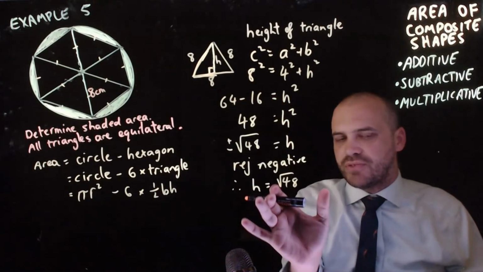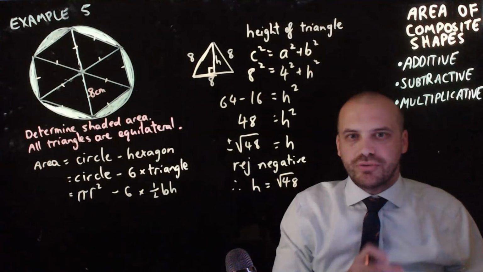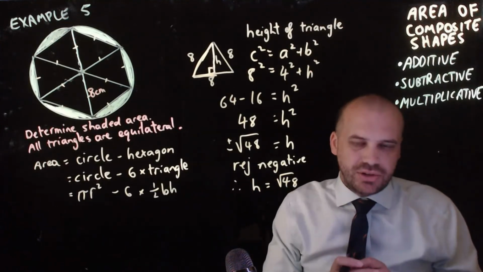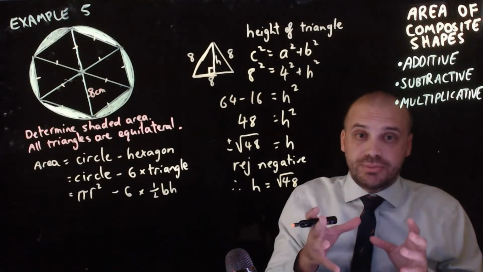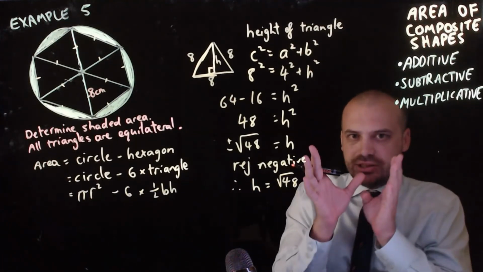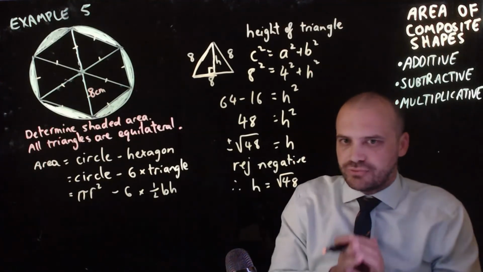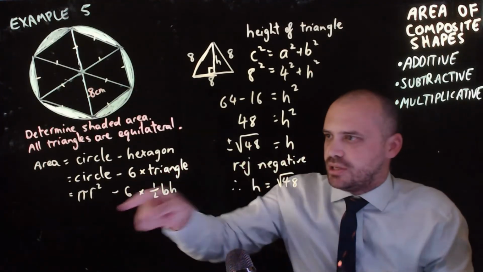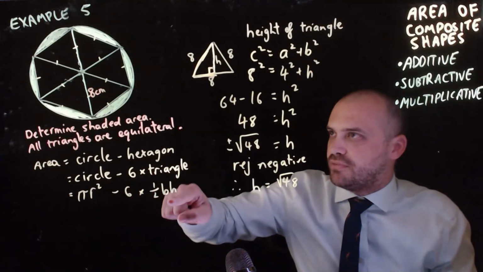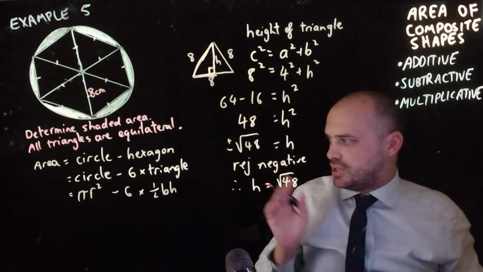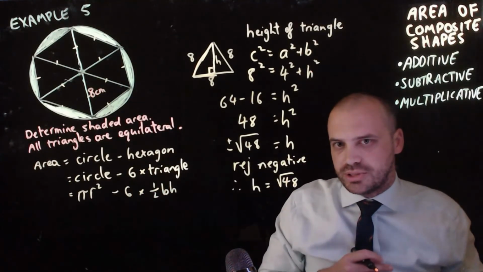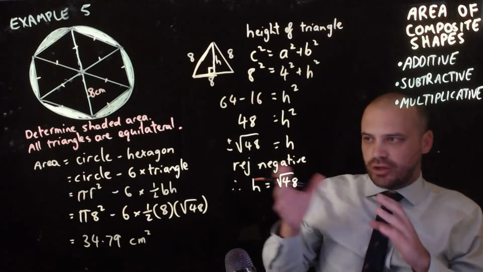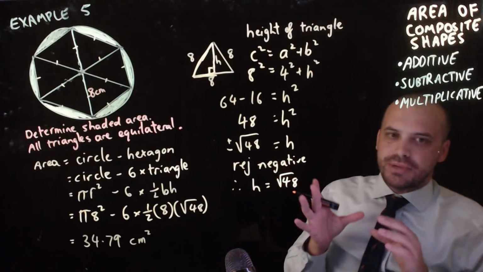Alright, so now I have a value of h equals square root 48. Now you can type that into your calculator and get a decimal answer, but there's no need for that. Let's keep it exact, root 48, and now we'll take that h value, put it into our formula here, along with the r value and the b value, and we'll have the area of those shaded shapes. Okay, and I get a final answer here of 34.79 centimeters squared.